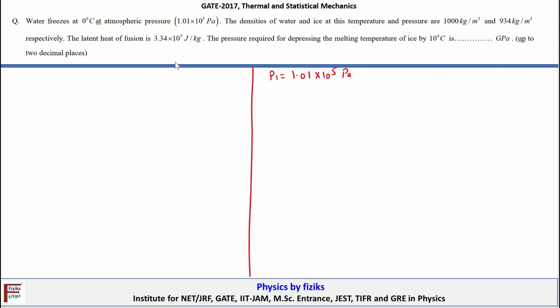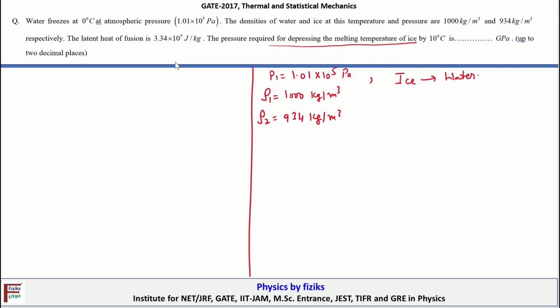We are concerned with the pressure required for depressing the melting temperature of ice, so we are concerned about melting of ice into water. The density of ice, let's call it rho 1, is equal to 1000 kilogram per meter cube, and rho 2, the density of water, is 934 kilogram per meter cube.